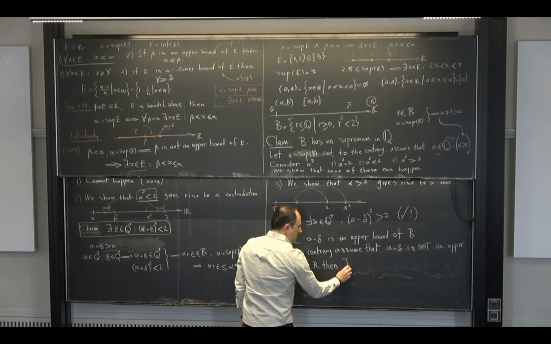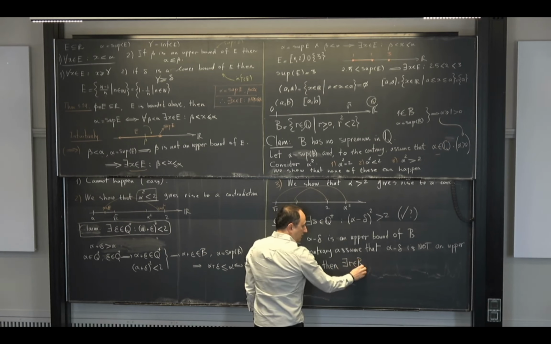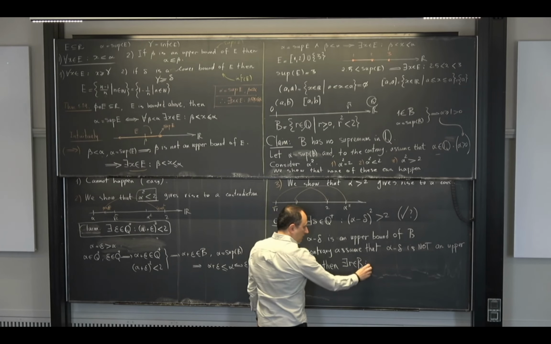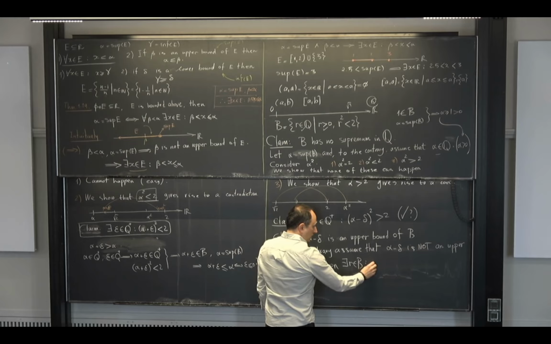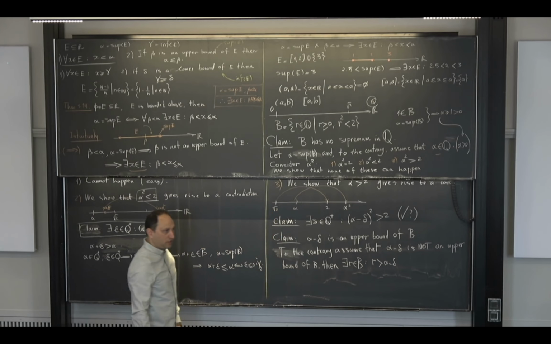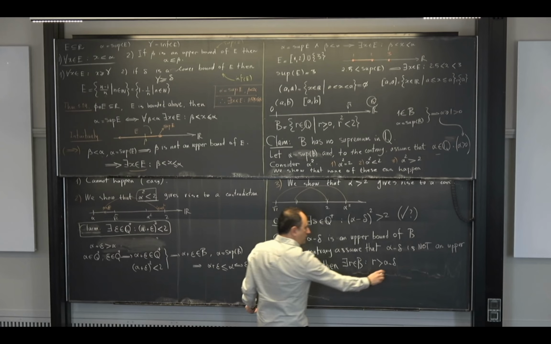There exists an r in B such that r is greater than alpha minus delta. Yes, that's the consequence. But then why is this a contradiction?